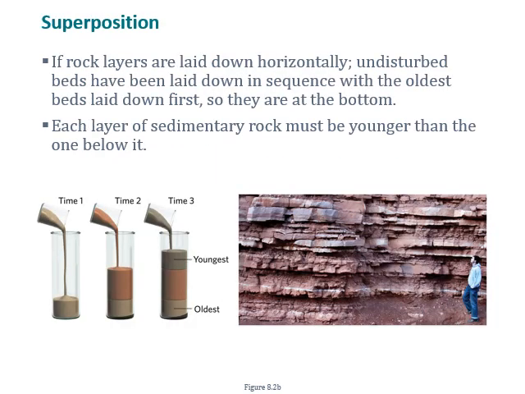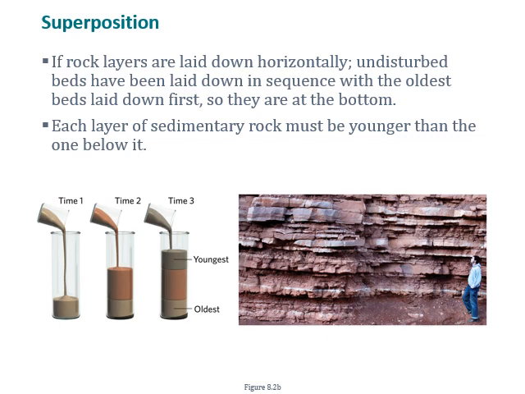The principle of superposition indicates that if rock layers are laid down horizontally, undisturbed beds have been laid down in sequence with the oldest beds laid down first and at the bottom, with each layer of sediment or sedimentary rock on top of it must be younger than the one below it.